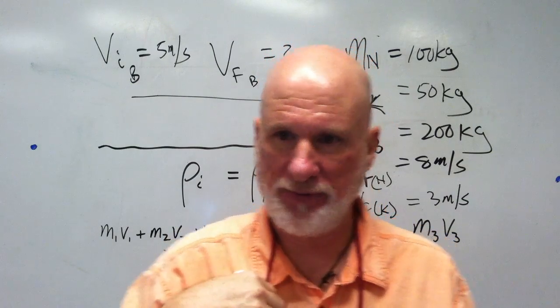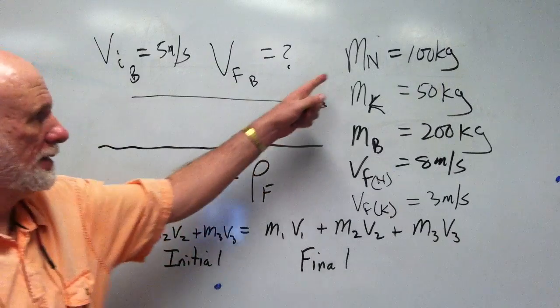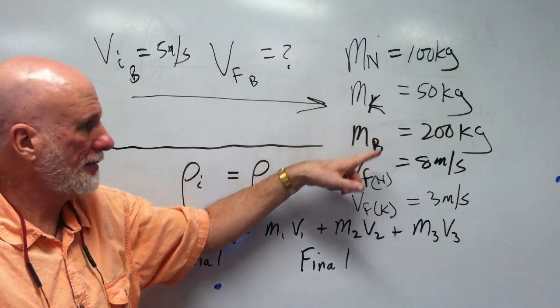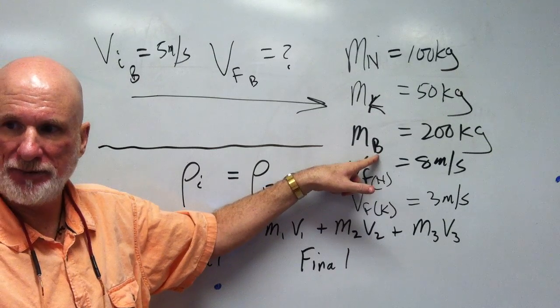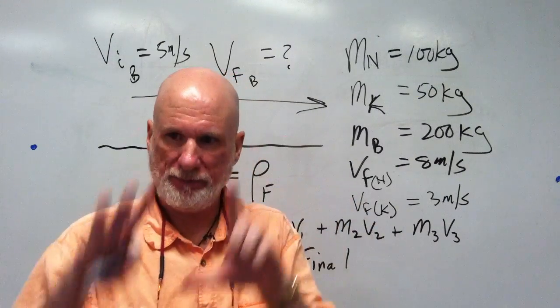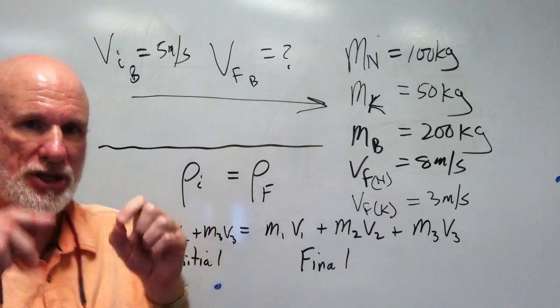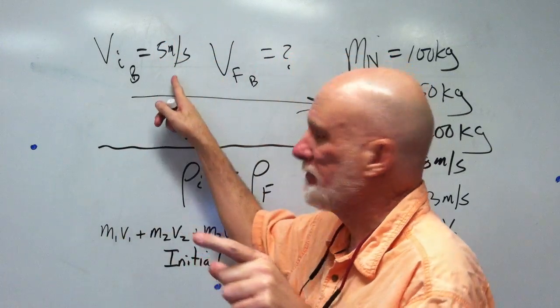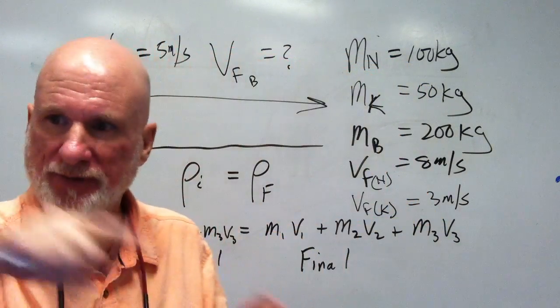All right? Shall we review what we did here? Nate has a mass of 100 kilograms. Keith has a mass of 50 kilograms. The boat has a mass of 200 kilograms. Those are not going to change. The boat is going 5 meters per second.